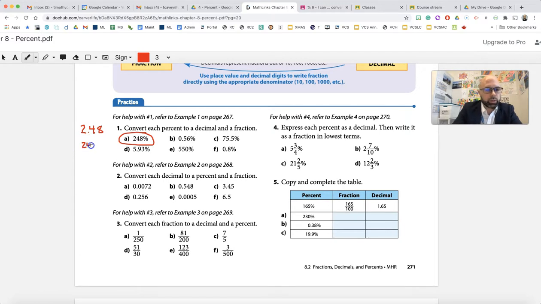So let's walk this through. 248 over 100 equals, and we know for sure we can divide each of those by 4. So let's say this is, well, 25 as a denominator.